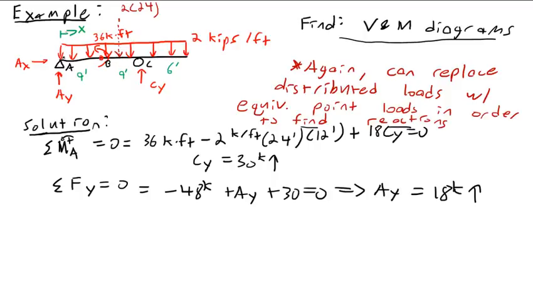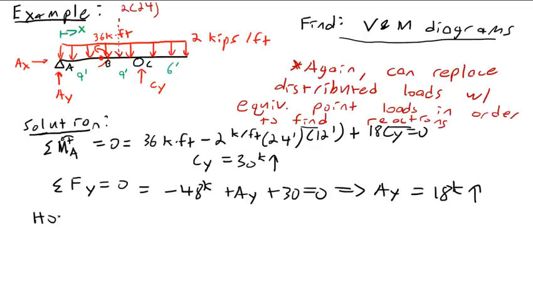But anyway, we're going to need to actually take 3 cuts, one from A to B, one from B to C, and one from C to the end. And the reason for that is because each of these has a discontinuity. At B, there's a discontinuity, which is the point moment. At C, there's another discontinuity, which is the reaction. So we have 2 discontinuities. We'll need 3 sections.